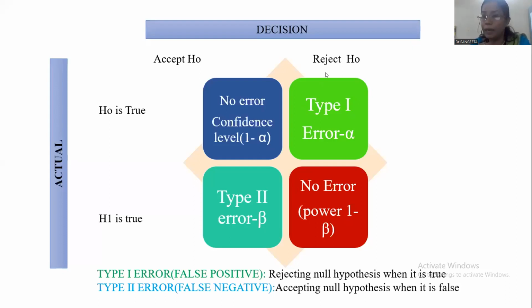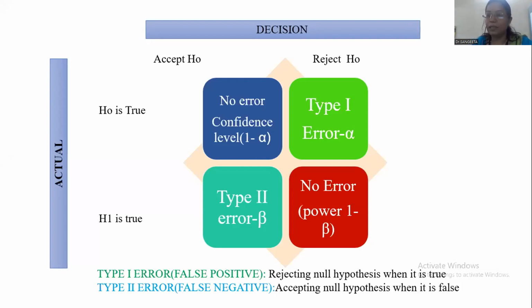The counterpart of alpha error is 1 minus alpha. So if you're fixing it at 5%, the rest 95% is nothing but your confidence level. With 95% confidence, you are saying that I am going to accept the null hypothesis when it is true.